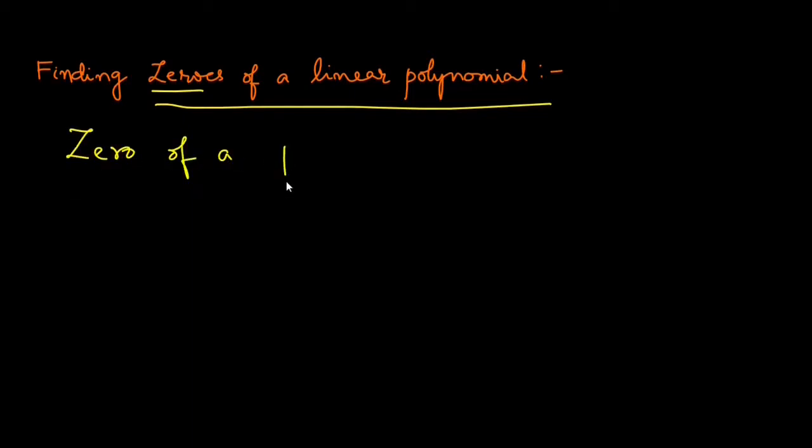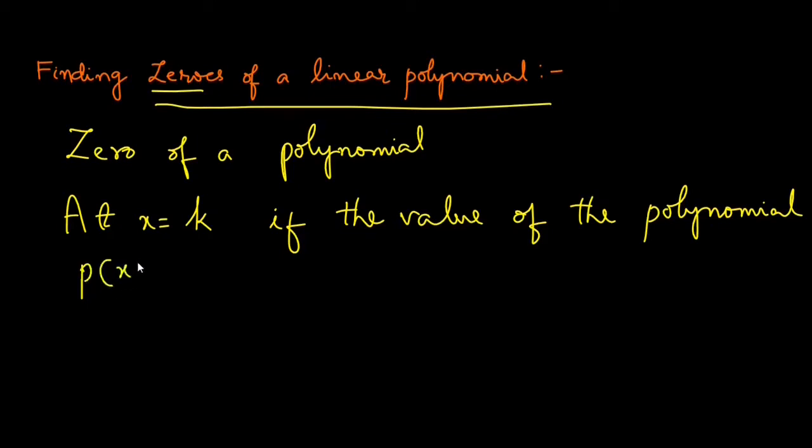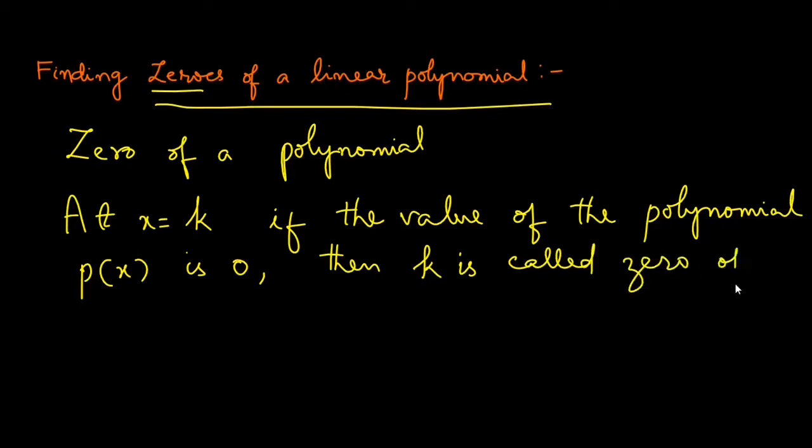Zero of a polynomial. At x is equal to k, if the value of the polynomial p of x is 0, then k is called zero of p of x.